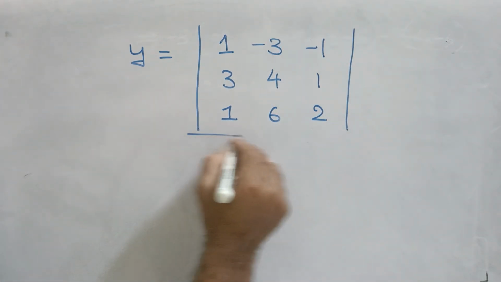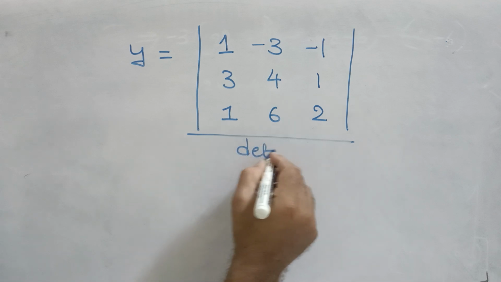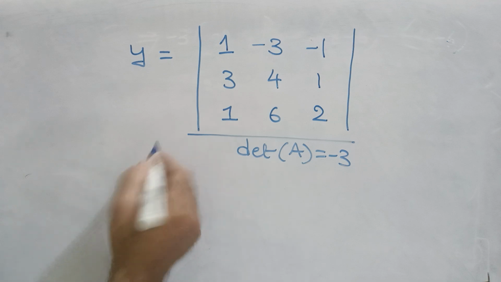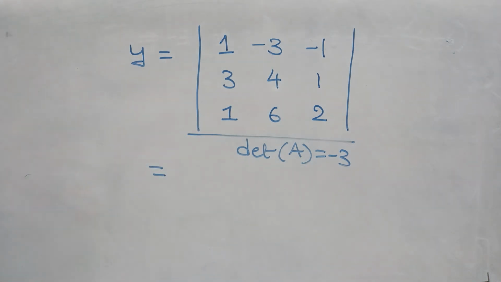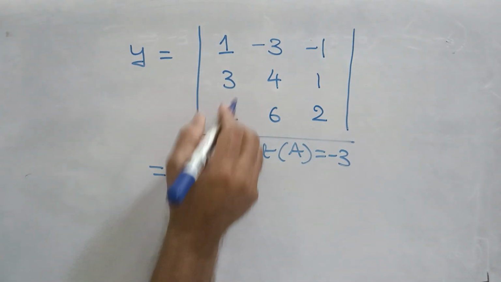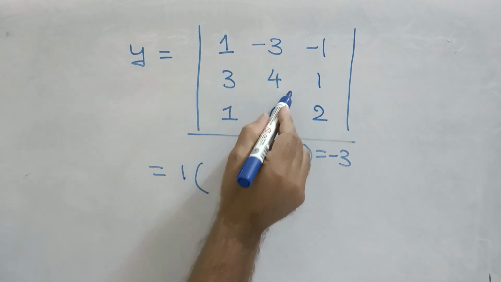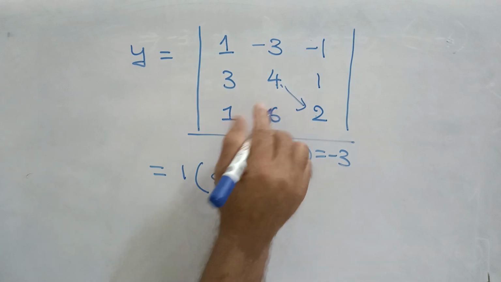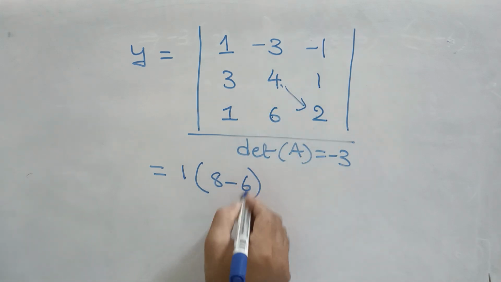By determinant of A, however, it is minus 3. Therefore directly I can write. I will write directly in a very simple way with fewer steps. So it is 1 into, remove this, then you have to take 4 into 2 is 8, minus 6 into 1 is 6.